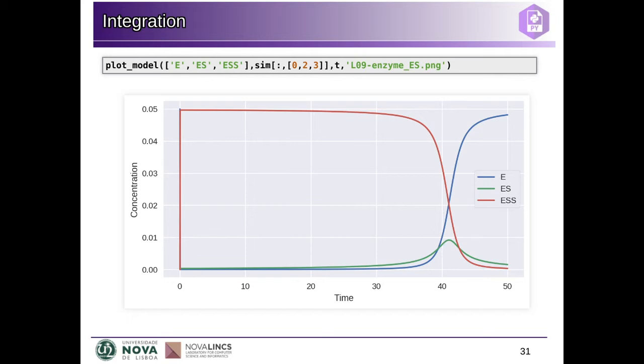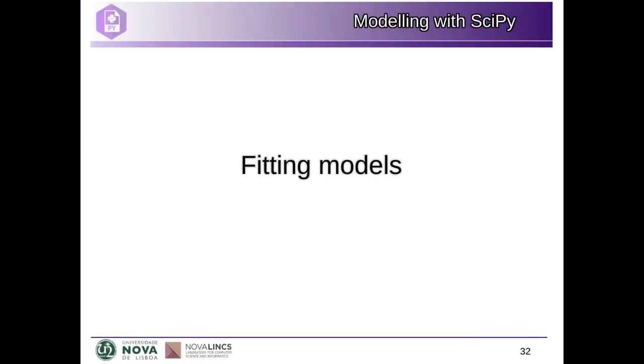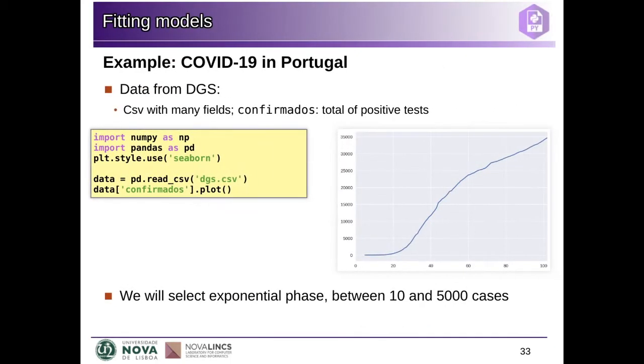Okay, so now let's suppose we want to fit our model to the data. I'm just going to look at a very simple example, and we're going to use data from Direção-Geral de Saúde. This is recent data here in Portugal on the COVID-19 disease, and this is the number of infected cases, confirmed cases by PCR testing.